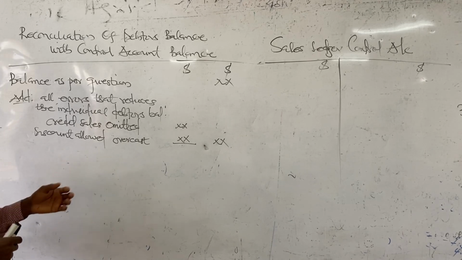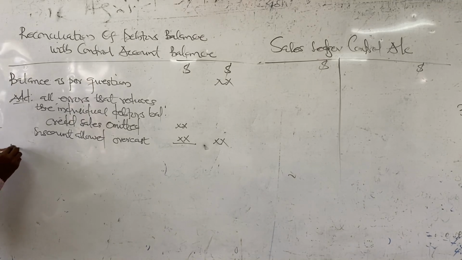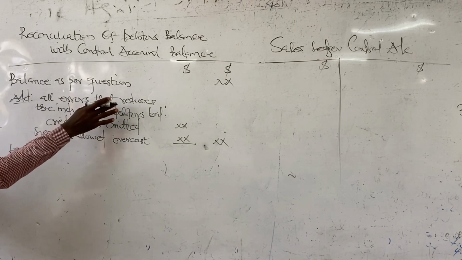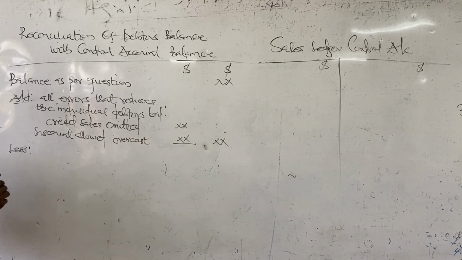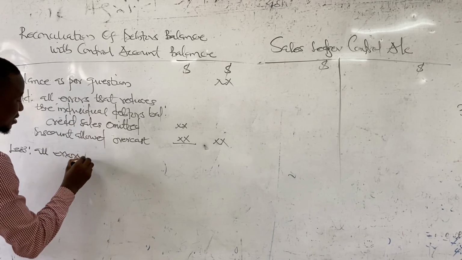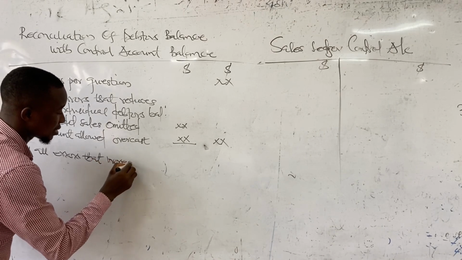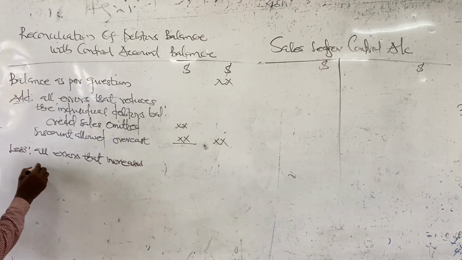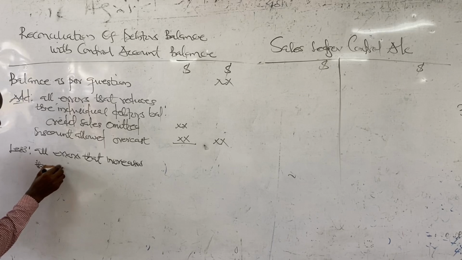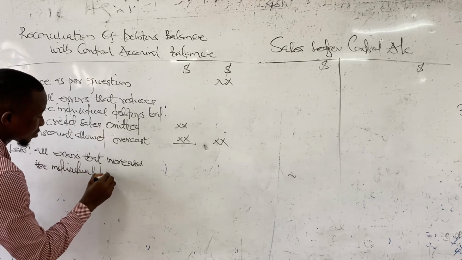Is this clear? Good. The next thing to look at is to less. After adding all errors that reduce the individual debtors balance, the opposite is true for this. So we should also less all errors that increase the individual debtors balance.